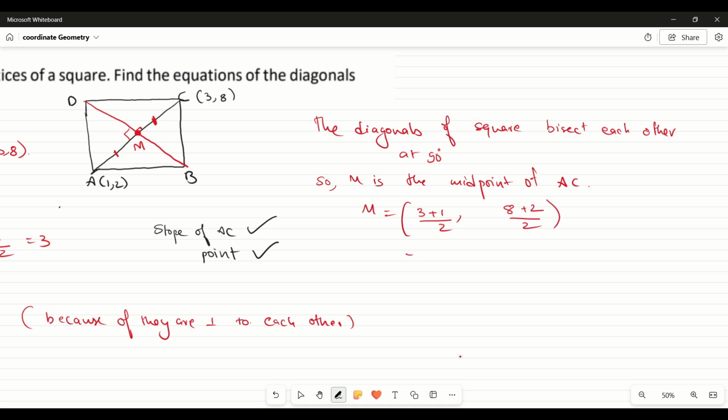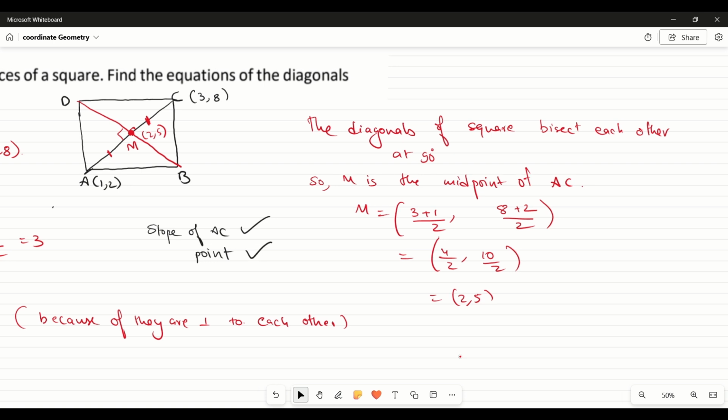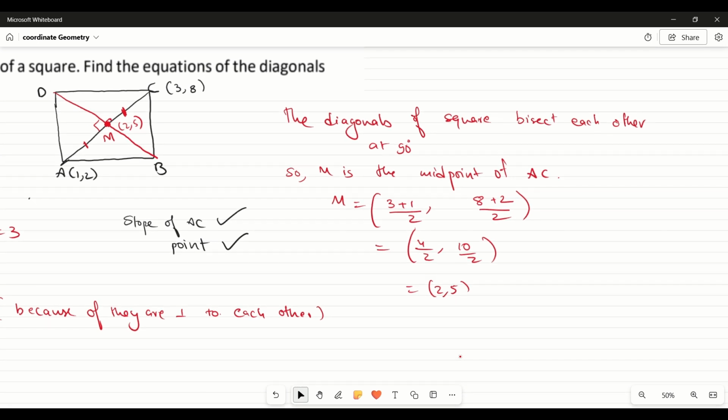So M will be ((3 plus 1) divided by 2, (8 plus 2) divided by 2), which is (4/2, 10/2). That means (2, 5). We have the coordinates of M as (2, 5), right?